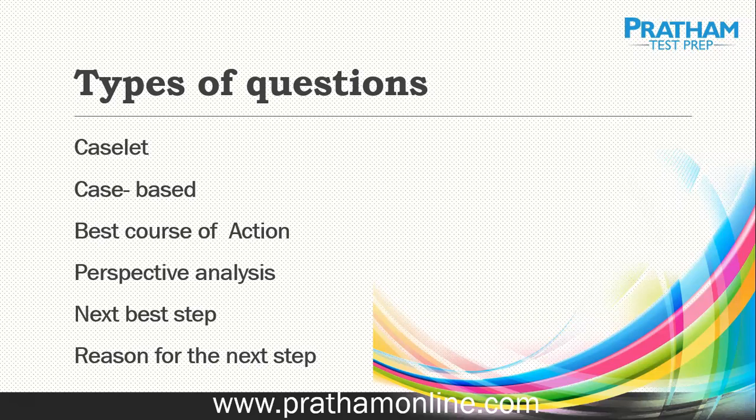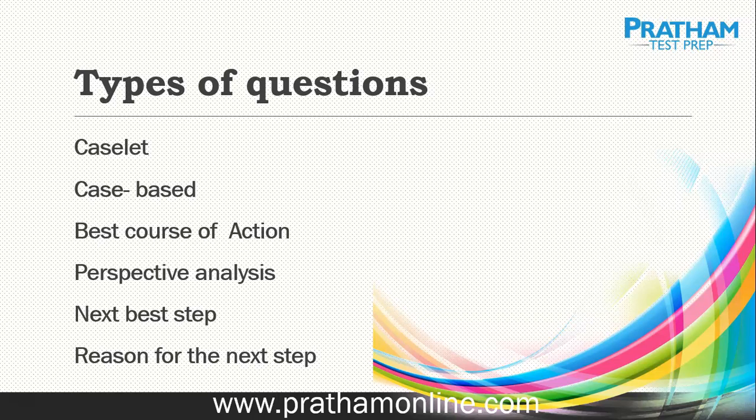The third variety is the best course of action. When I say best course of action, out of certain choices being given to you, you are supposed to find out which is the best course of action that can be taken for a particular condition.